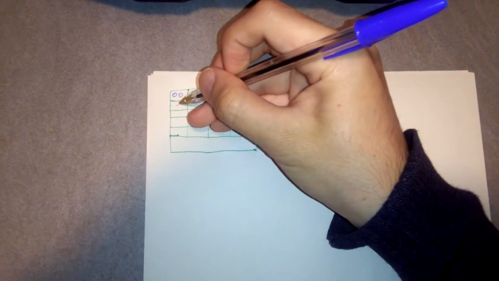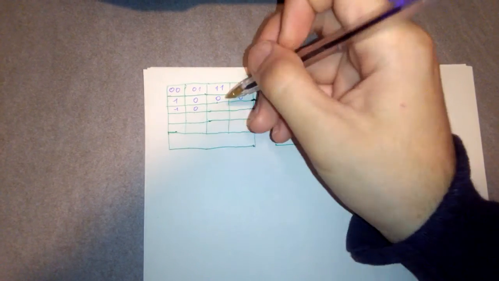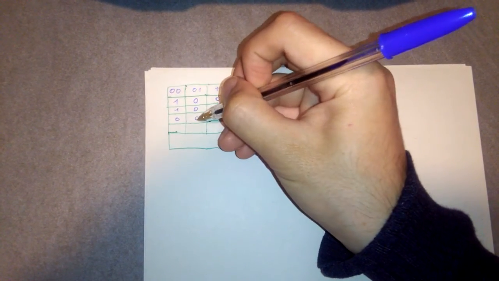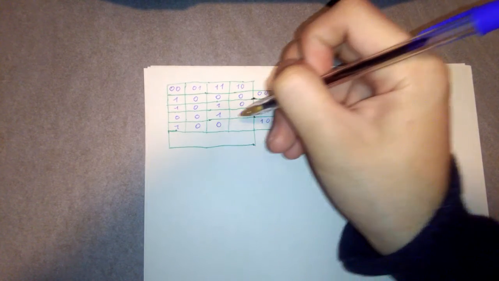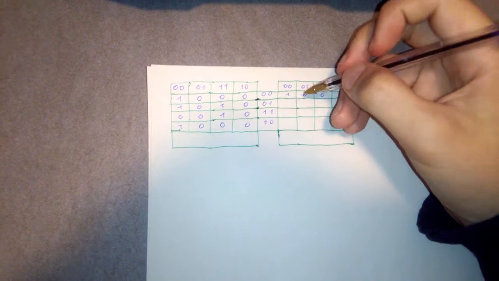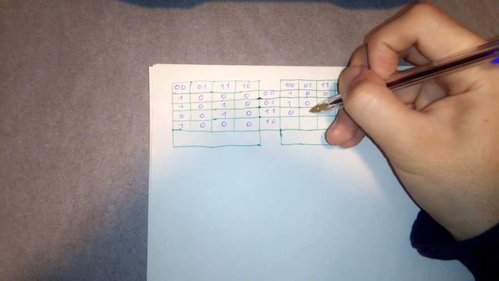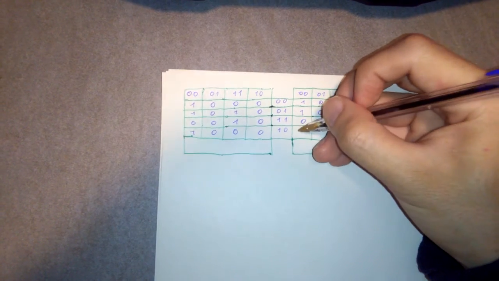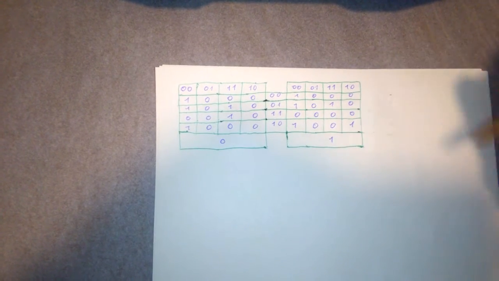Okay, so let's suppose that we have these entries filled in: 1, 0, 0, 0, 1, 0, 1, 0, and then 0, 0, 1, 0, 1, 0, 0, 0, and 1, 0, 0, 0, 1, 0, 1, 0, 0, 0, 0, 0, and then 1, 0, 0, 1, with these as 0 and these as 1.